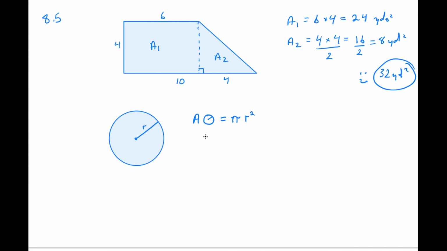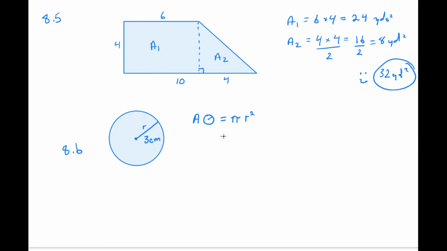So we say whatever this radius is, we drop it in and we multiply it times 3.14, and we do all of our calculations. So let's do example 8.6. We have a radius of 3 centimeters.